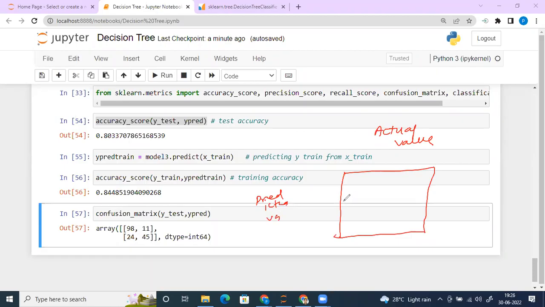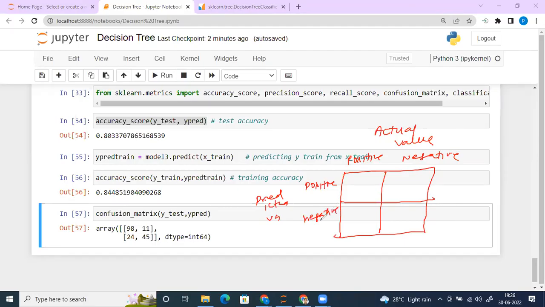Suppose I'm calling one class the positive class and one class the negative class. So I mention here positive, here negative. Similarly, here positive, and here negative.